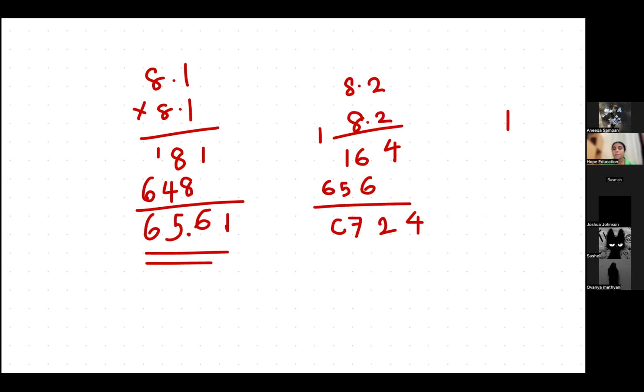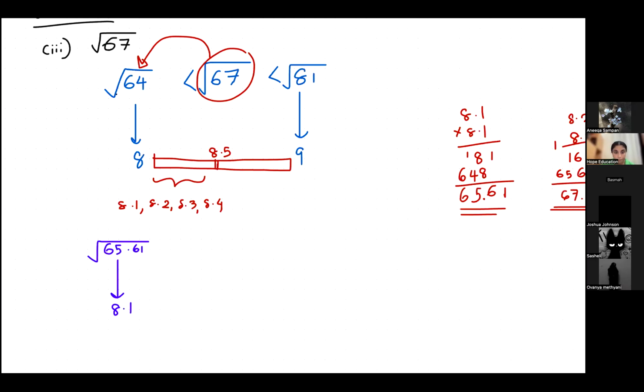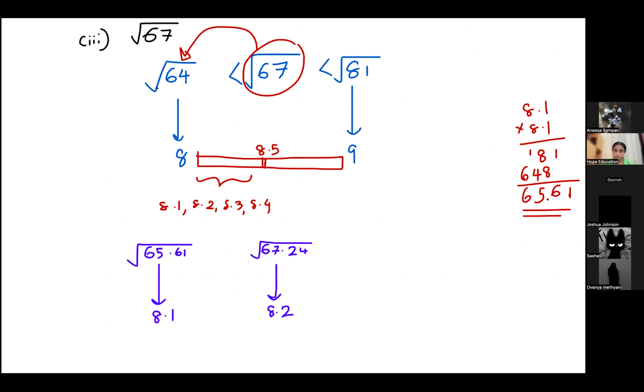So 67.24. 8.2 multiplied by 8.2, you get 67.24. Therefore, the square root of 67.24 should be 8.2. Now, what I want is the square root of 67.